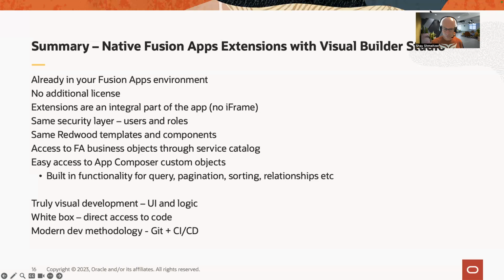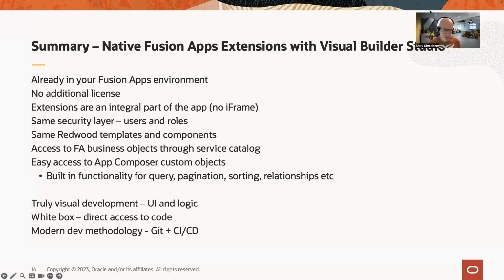In terms of the development experience, this was a truly visual development. Everything that you did there was visual. You dragged and dropped things, you used the property inspector, even the business logic that you created was done in a visual way. However, what I created there is actual HTML code and JavaScript code that you can also access if you want to.